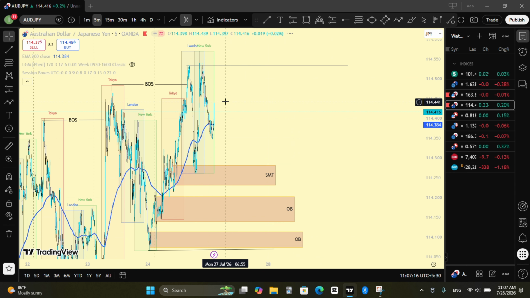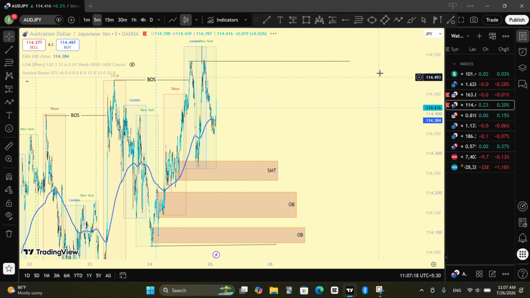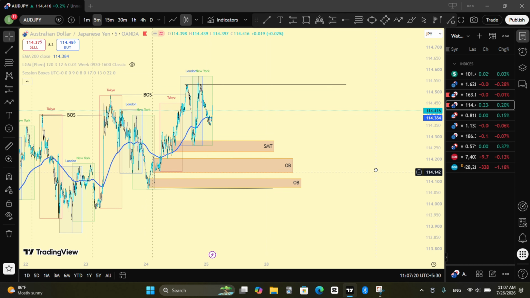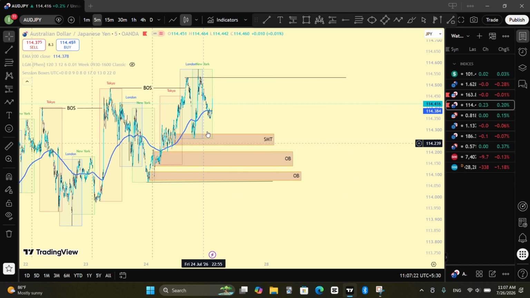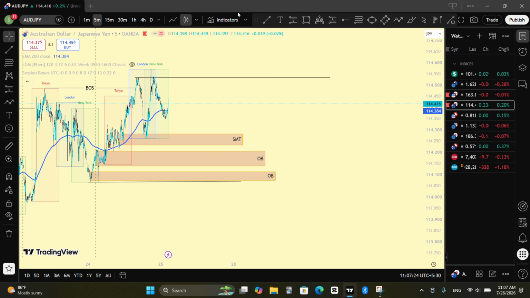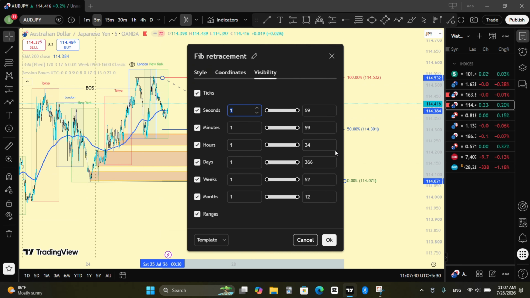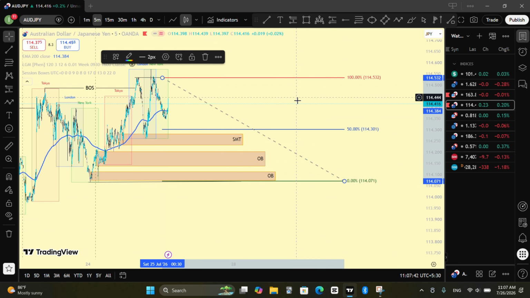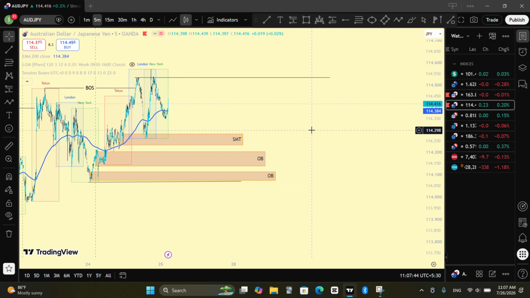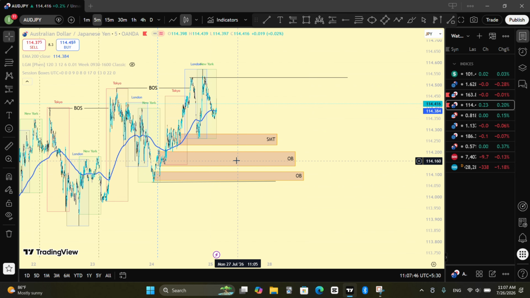Looking at other pairs like AUD JPY, as you can see, the price is in premium and the price is making higher highs and higher lows. What we are looking for is price to do a structure shift and bounce off of these areas.